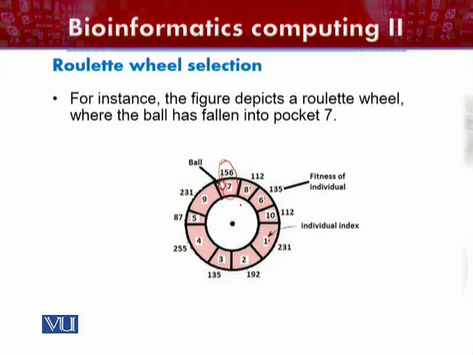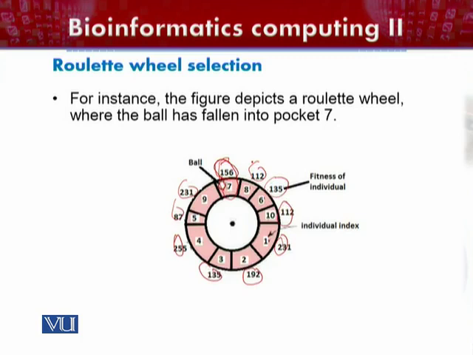In this specific case, the ball is getting into pocket number 7, which has a specific fitness score of 156. These are the fitness scores of every individual. So the size of the pocket is proportional to the fitness of the individual.